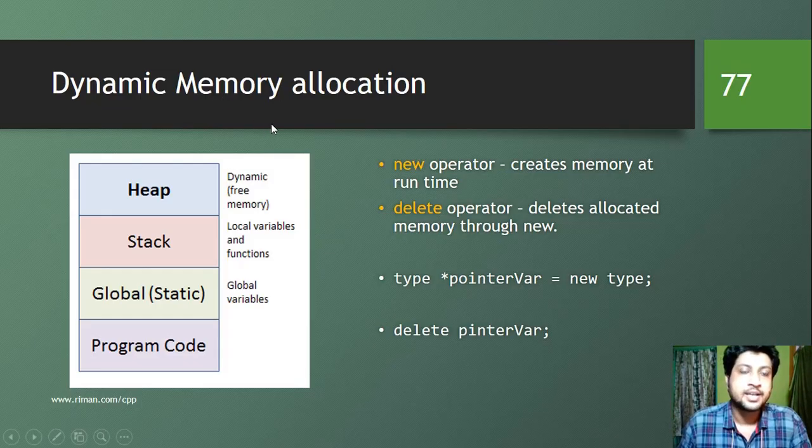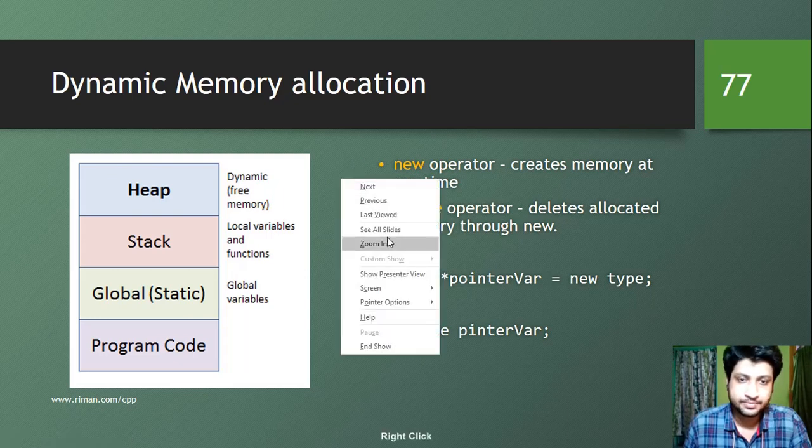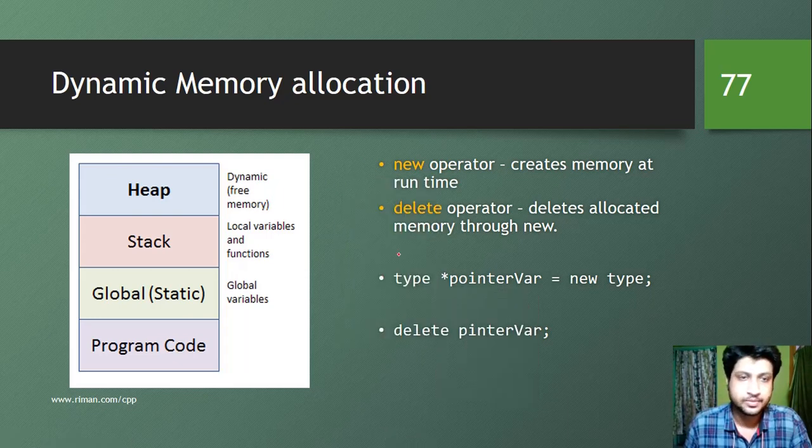So let's discuss dynamic memory allocation in case of C++. This is the memory structure that is used for any C++ program. In this program code section, all the program code is stored while executing a particular program.